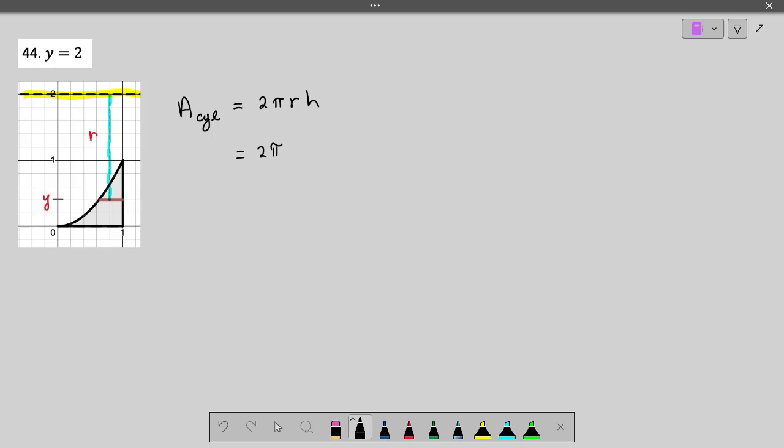Right? Top of that, that's 2. And the y value right here, oh, we've called it y. Right? That's got to change. It's moving. It's any number between 0 and 1. So if we pick a random one, we just call it y. So that distance is 2 minus y. The y value up there is 2. The y value down here is just y. So we're going to call that 2 minus y.